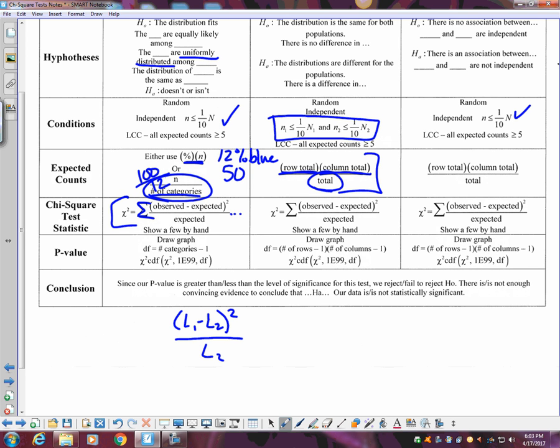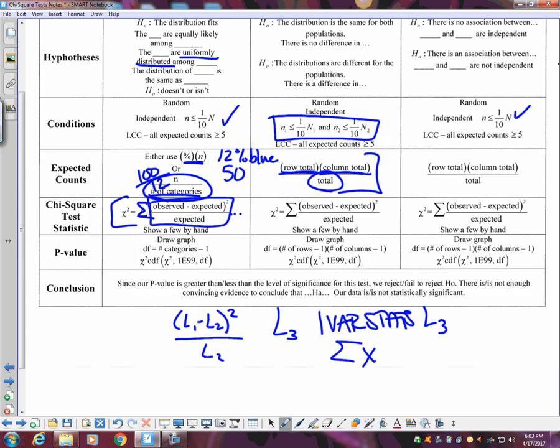Then, after you have that in your L3, you're going to do one variable stats on your L3, and you're looking for the sum of all the x's, not the sum of x squared, just the sum of all the x's. I just want the sum of that formula.